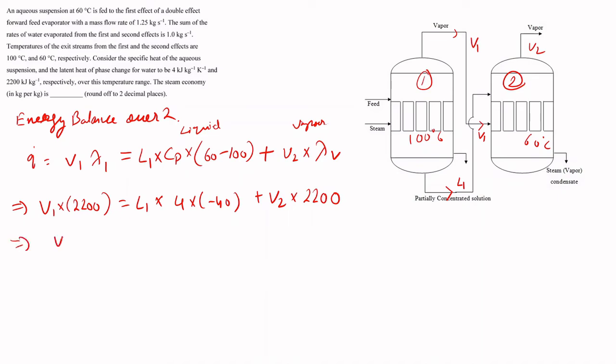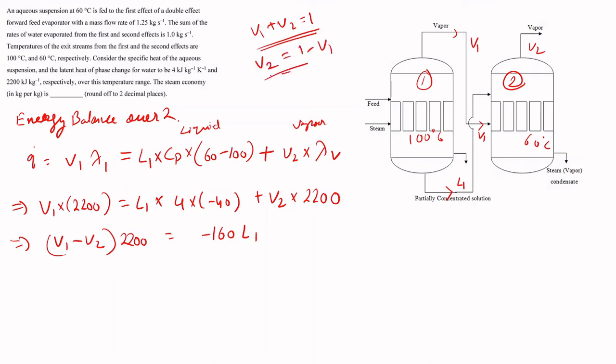We can write this as V1 V2 into 2200 is equal to, now we know that V1 plus V2 is equal to 1. So that will give V2 is equal to 1 minus V1. So this we will replace in our equation.